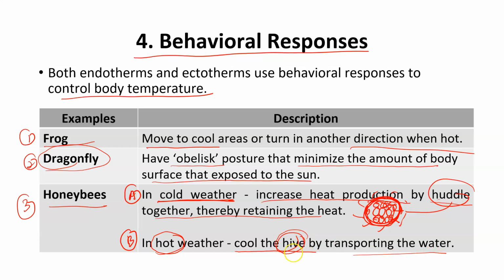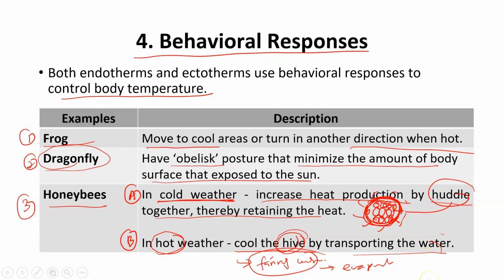Dia tak stop kat situ, dia ada tambahan lagi, fanning their wings. Fanning their wings kan. Bila dia fan dia punya wings kan, so dia akan cause evaporation of water, and the water evaporate dan serap haba sekali daripada sarang tersebut kan.